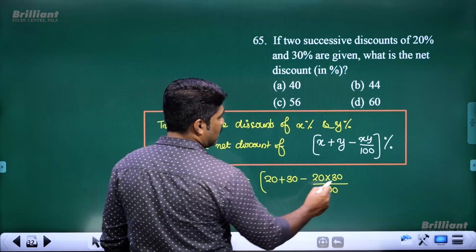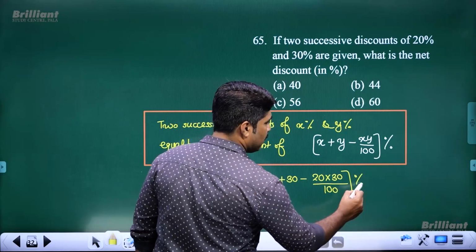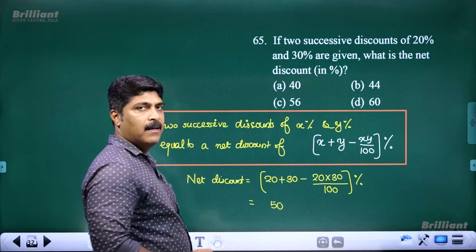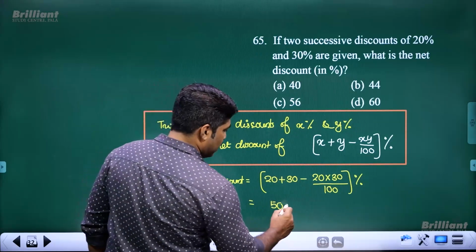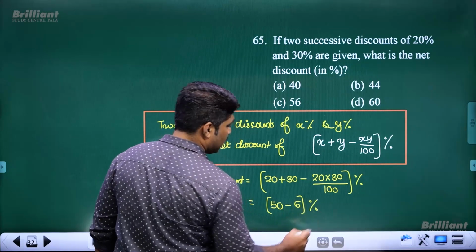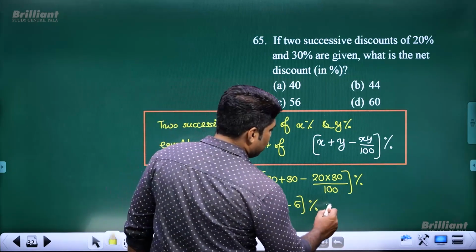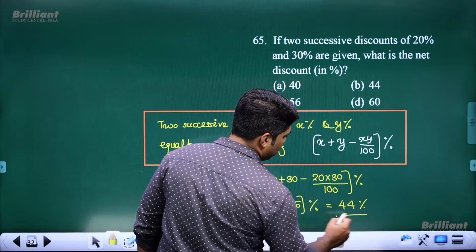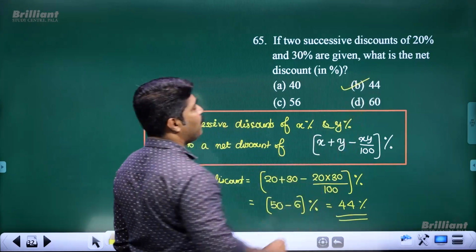So this is the net percentage of discount. 20 plus 30, we got 50. What is 20 into 30 by 100? That's equal to 6. So 50 minus 6%, that is equal to 44%. Here the answer is 44.